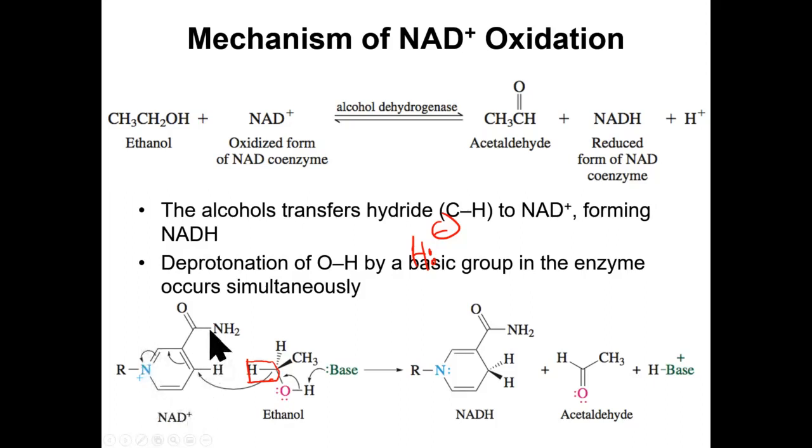So the main driving force in this step is that NAD plus wants to steal a hydride to be reduced. Because of this thermodynamic driving force for NAD plus to want a hydride, the whole E2 elimination reaction becomes feasible. And then the E2 elimination gives you acetaldehyde as a product. Certainly the other driving force comes from the basicity of the base.